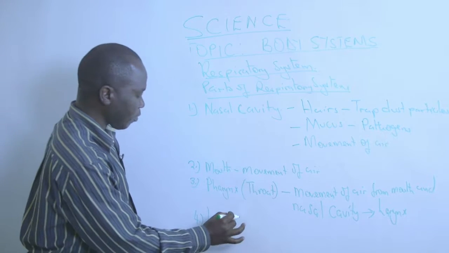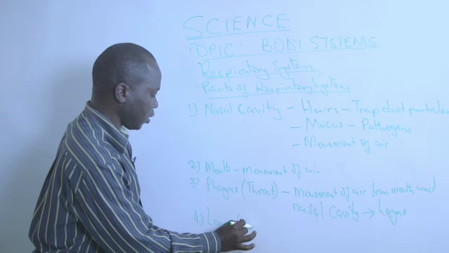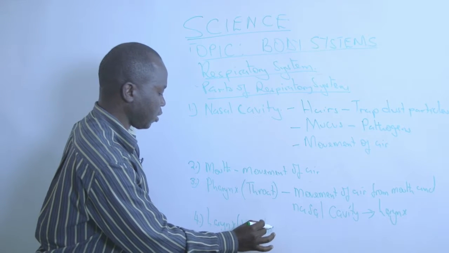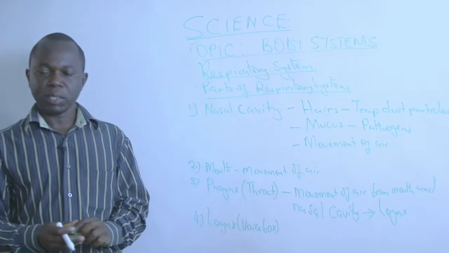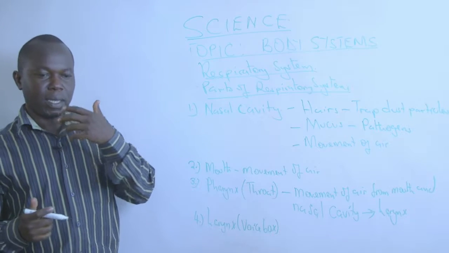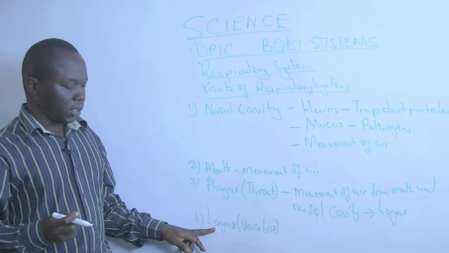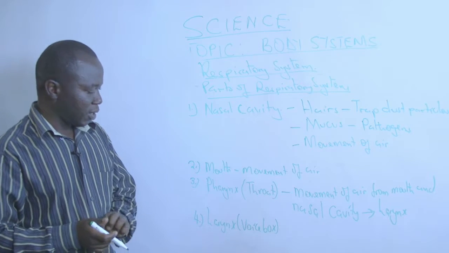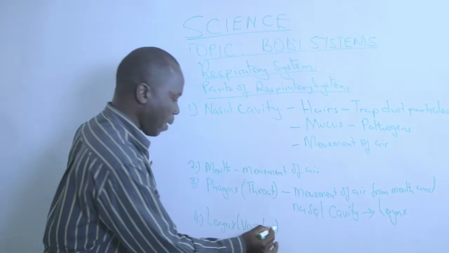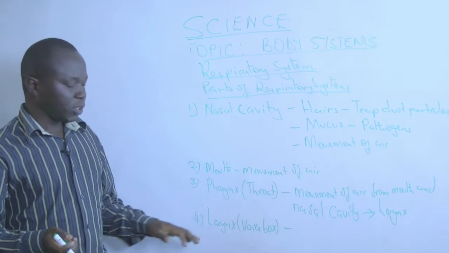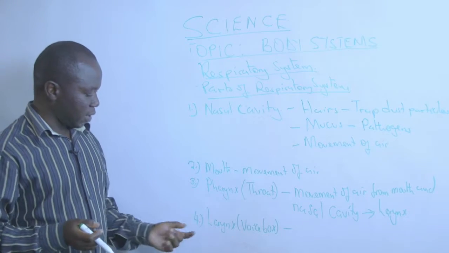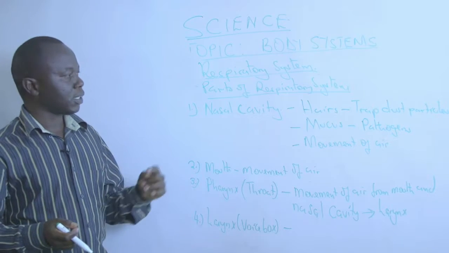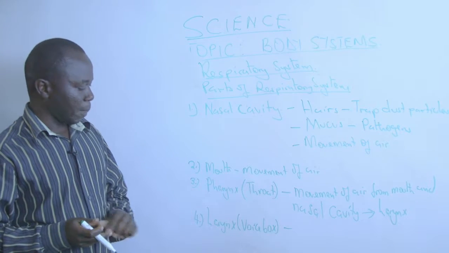Larynx is also called the voice box. For it to produce sound, the sound that I'm producing is due to some mechanisms in the larynx, or the voice box. It performs two roles, as a digestive organ and also as a respiratory organ.